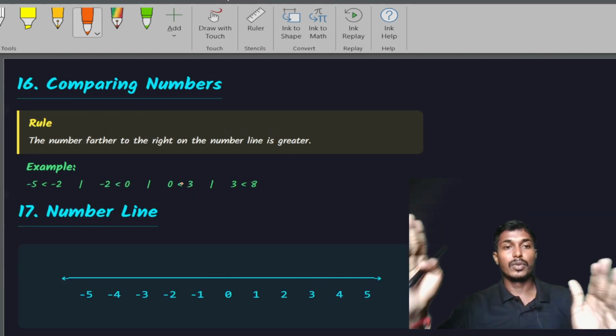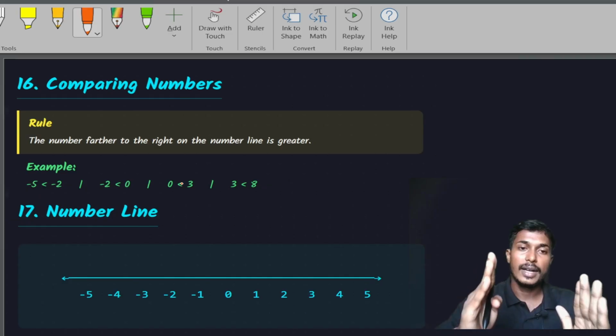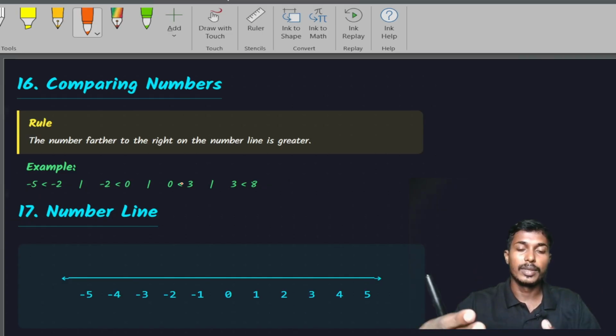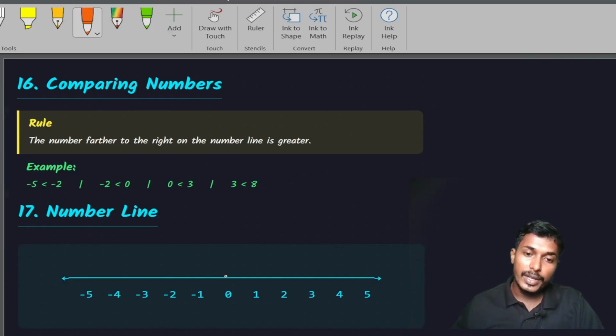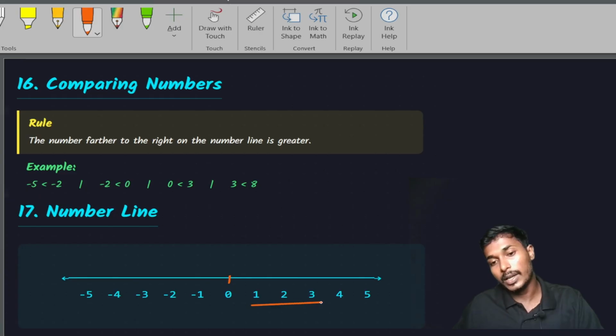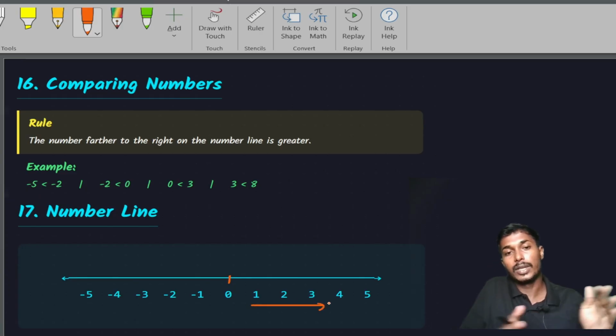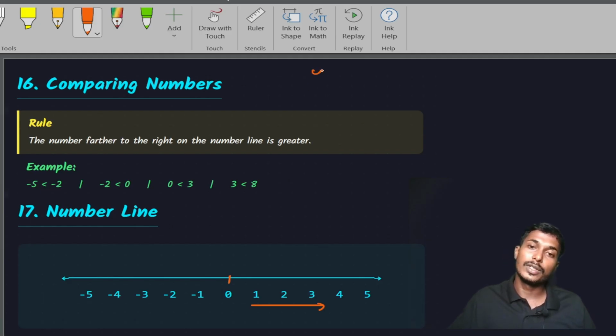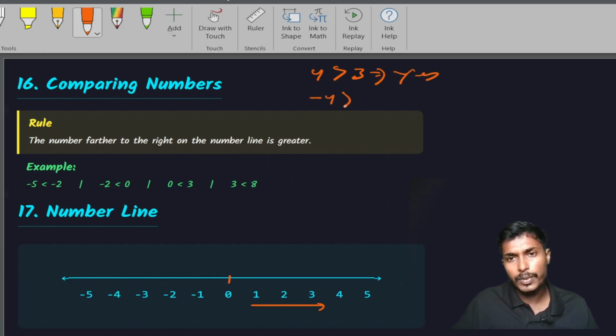Now, let us move to another topic: how to compare two numbers. It is very easy to understand from the number line that every number on the right side will be greater than the number on the left. For example, if I ask you, is 4 greater than 3? You will say, of course, yes. If I ask you, is -4 greater than -3?